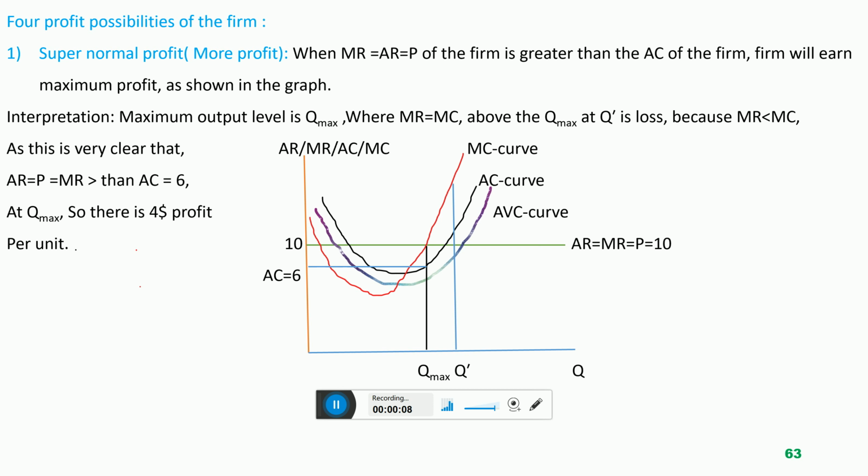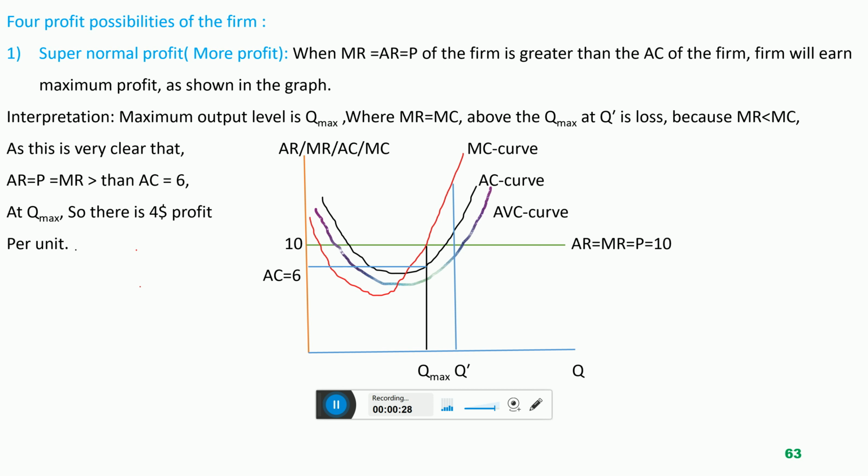In the last lecture we were learning from equilibrium how to determine the maximum profit and minimum cost of the company, how to determine the maximum output level at minimum cost.